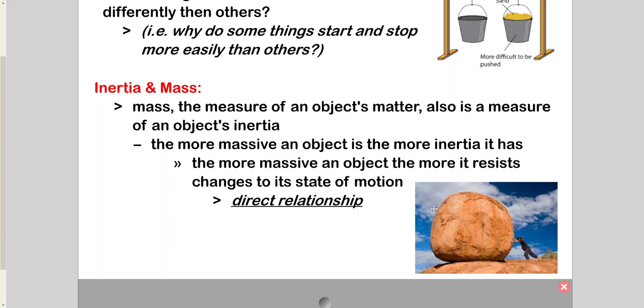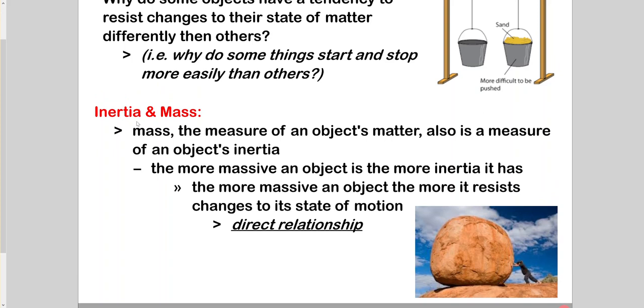It would resist changing its state of motion and require a large force in order for its state of motion to change, in other words, for it to accelerate. So there is a direct relationship between inertia and mass, and inertia is just a way to describe the tendency an object has to maintain its state of motion.